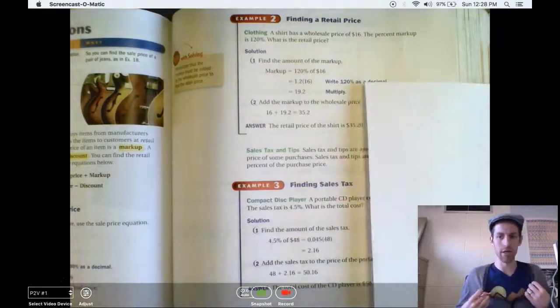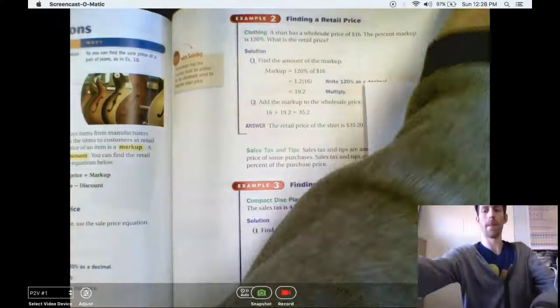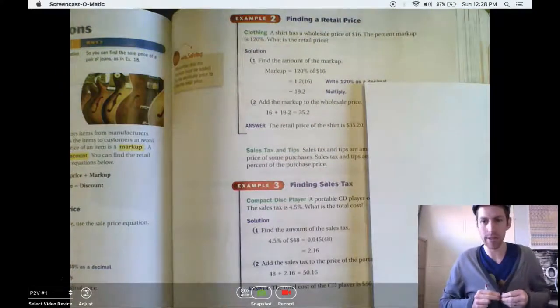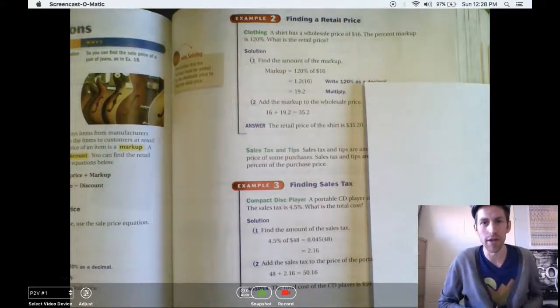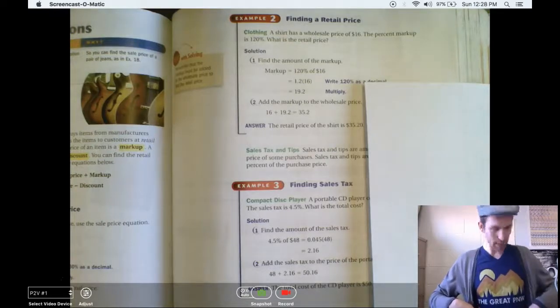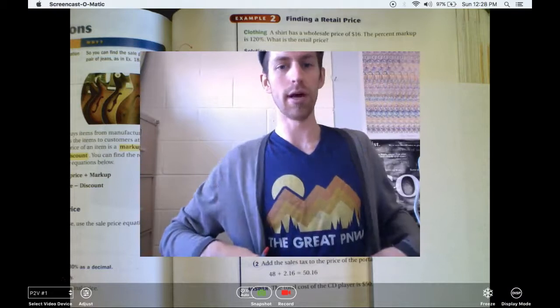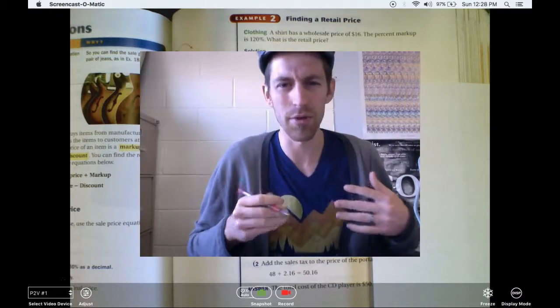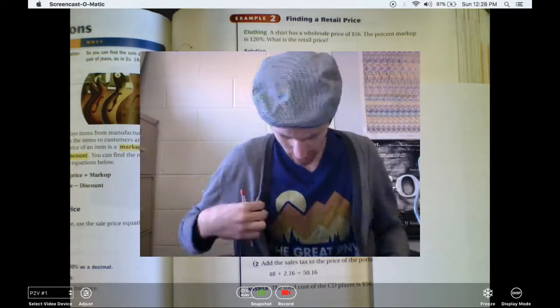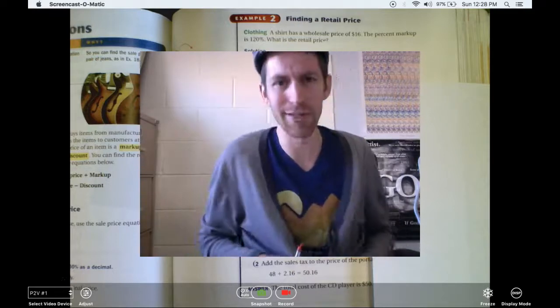Yeah, I got this shirt right here, I wonder if you can see that. Got this shirt for Christmas this last year, and it says, the Great PNW, I don't know if you can see that at the bottom, Pacific Northwest. It's a cool shirt. I like it. It's comfortable. It's V-neck, kind of cool. But I think they paid, is that like kind of a specialty store?